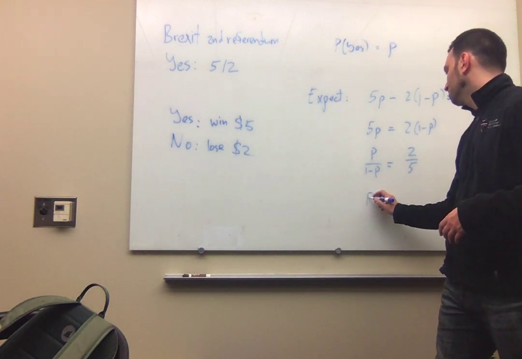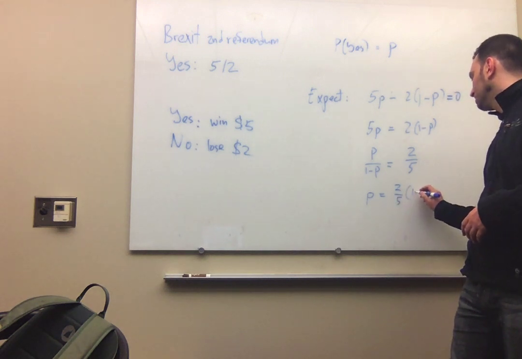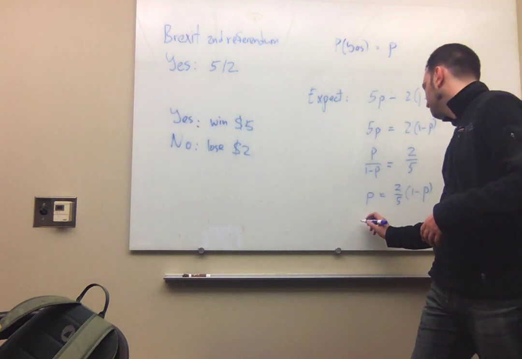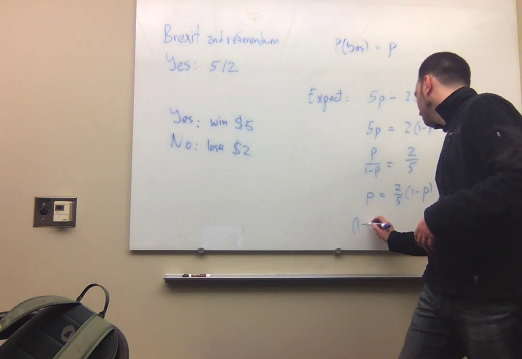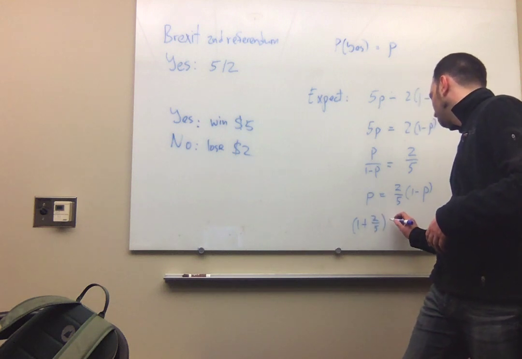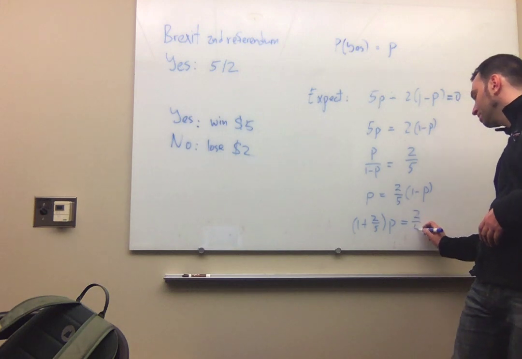So P is equal to 2/5 times 1 minus P. And that means that (1 plus 2/5) times P is equal to 2/5.